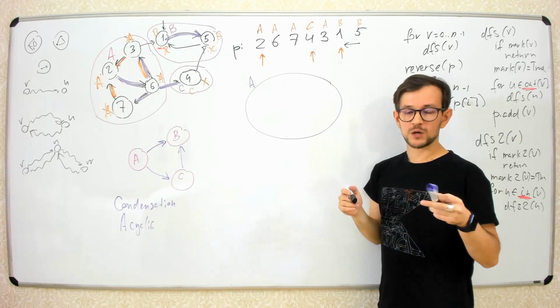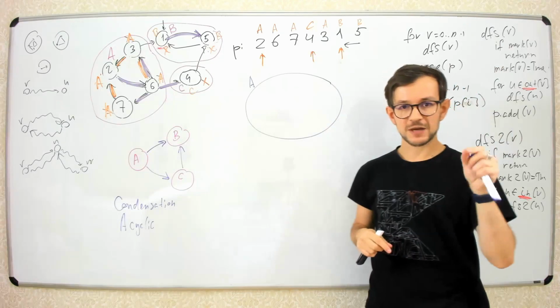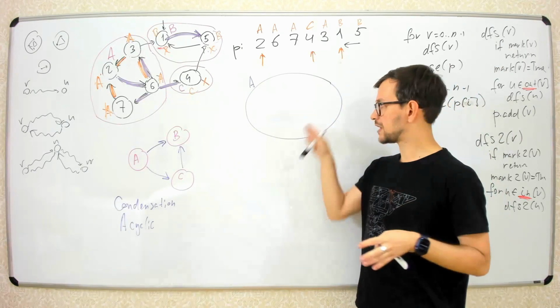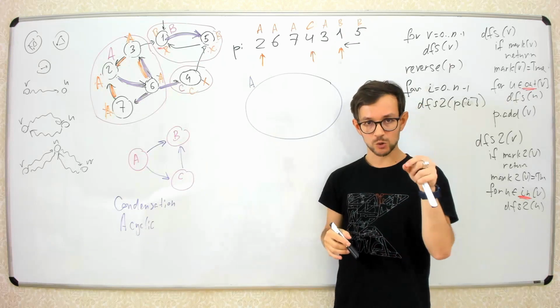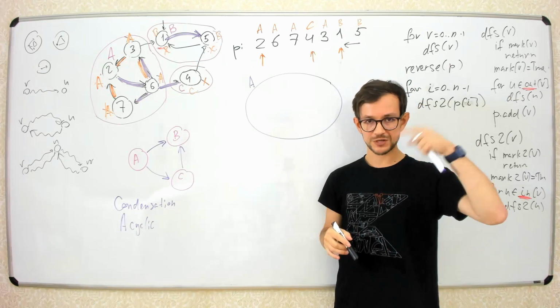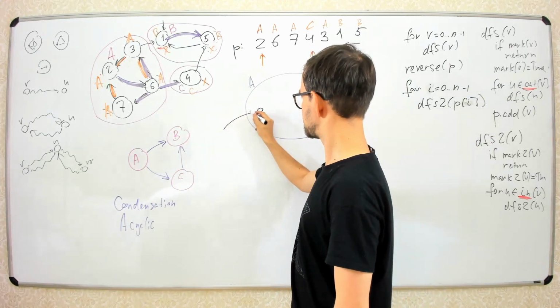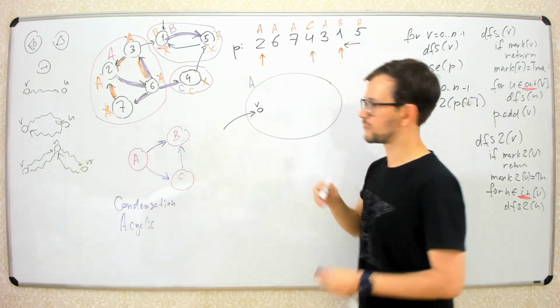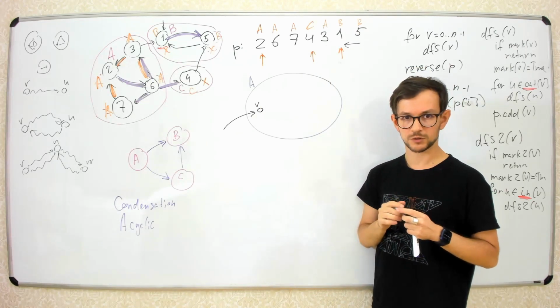So you run your first depth first search, and at some point your depth first search will enter this strongly connected component. Let's find the first node you will enter when you visit this component. So at some point you will enter this edge, and this will be the first node of this strongly connected component.